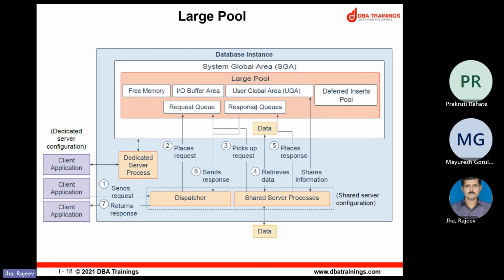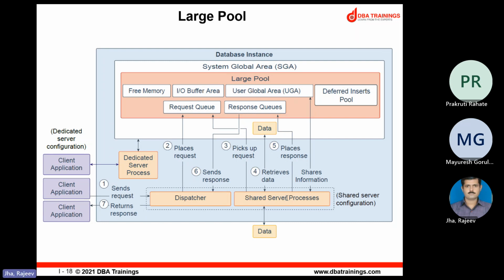After processing, the shared server process comes into the picture. Got it? The data will be obtained by the shared server process. The shared server process makes all the necessary calls to the database to complete the task you requested, like select or insert or update, whatever.